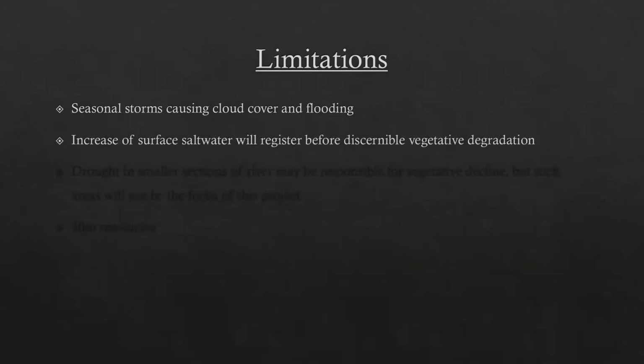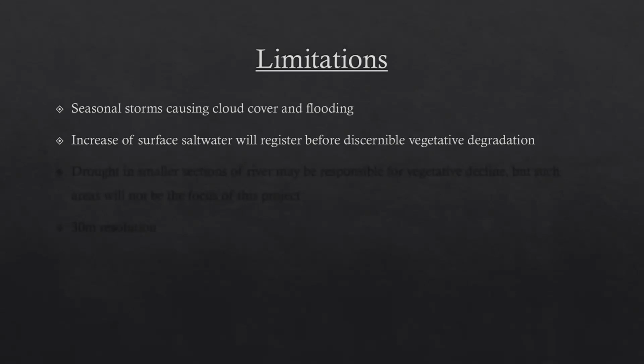Something I noted from a study by Kaplan and White, who were looking at an enhanced vegetation index for an estuary in Louisiana, was that they determined that measurable increases in surface salt water were evident before actual vegetative degradation. They also noted that this degradation is more prominent in ecosystems that are freshwater in nature.